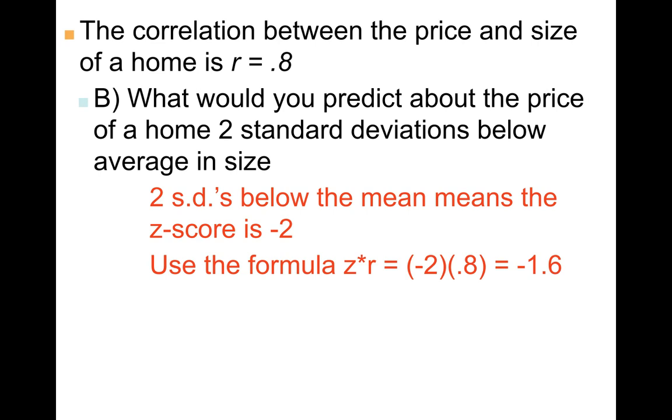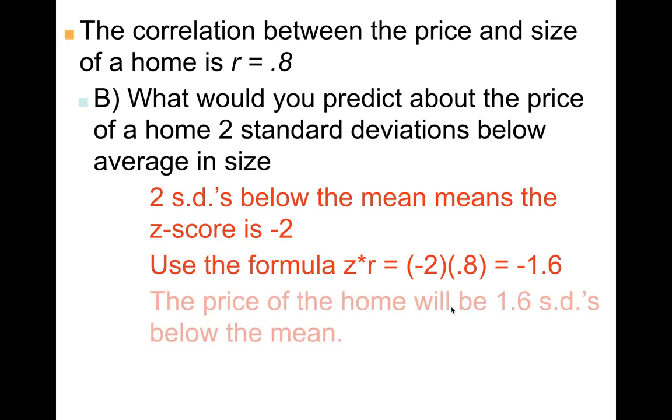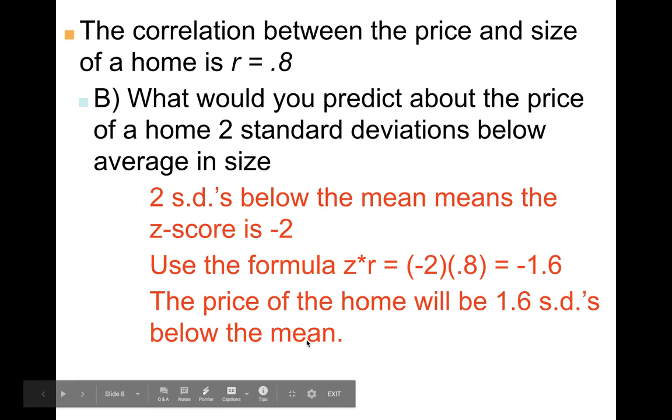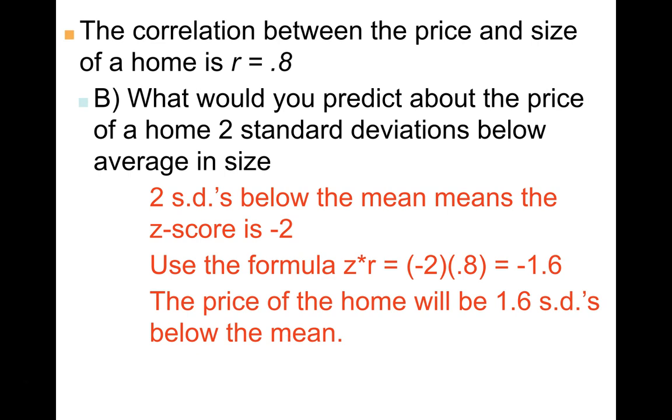Once again, I use the same formula, z times r, so -2 times my correlation of 0.8, and I get -1.6. So that means the price of the home will be 1.6 standard deviations below average.